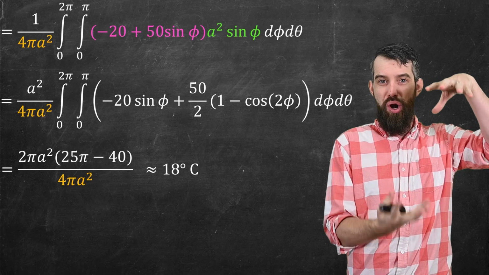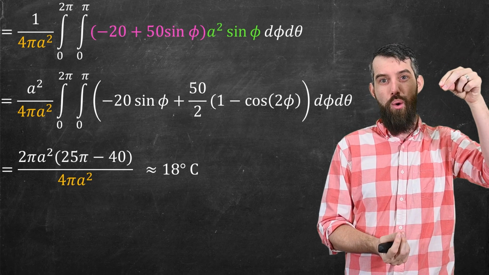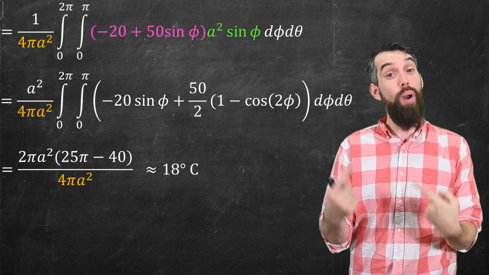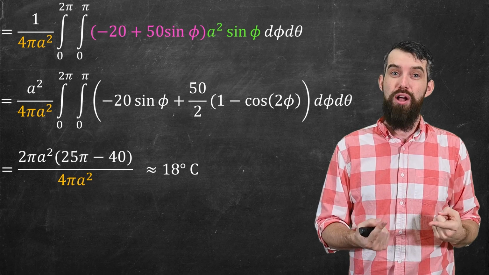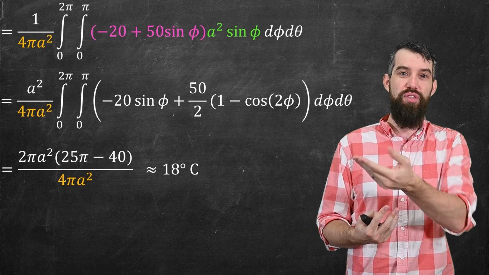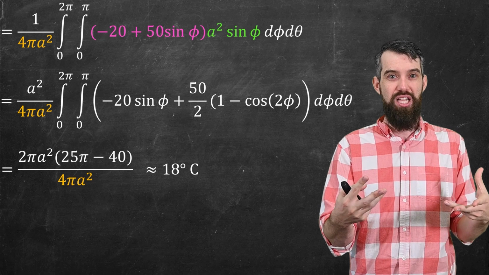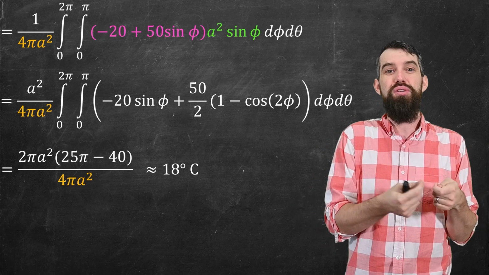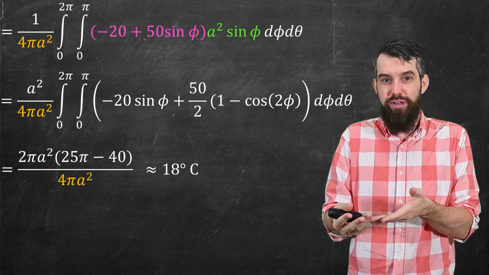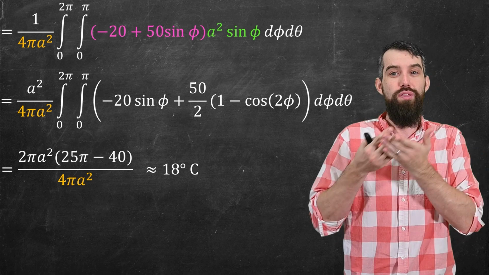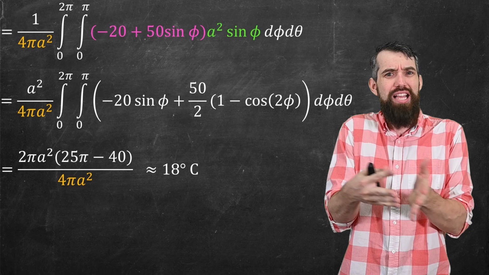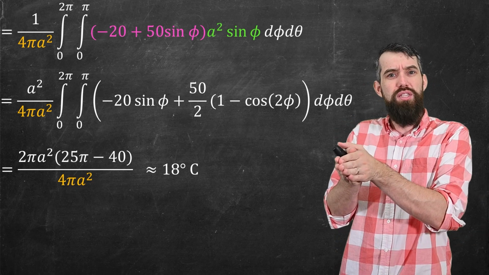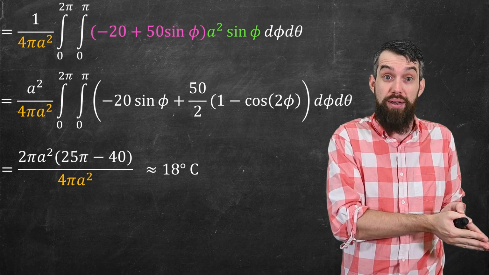If you think about the Earth, yes, it's minus 20 at the poles, but the surface area around the poles is pretty small, whereas the surface area around the equator is really big. It's proportionally larger surface area in the values of phi nearby pi over 2 than nearby 0 or pi. And so that's why the average gets weighted more towards the top end than to the bottom end.